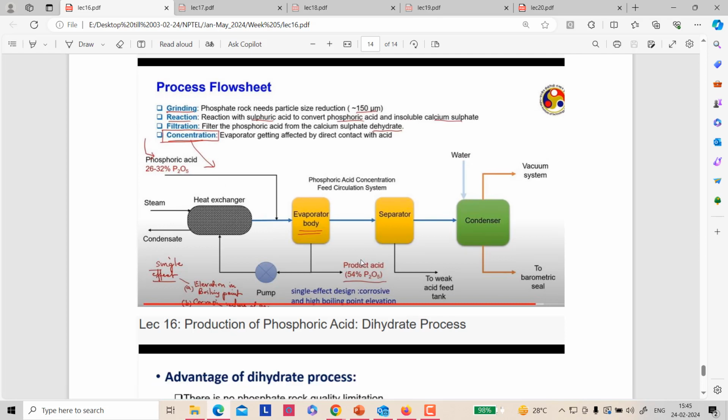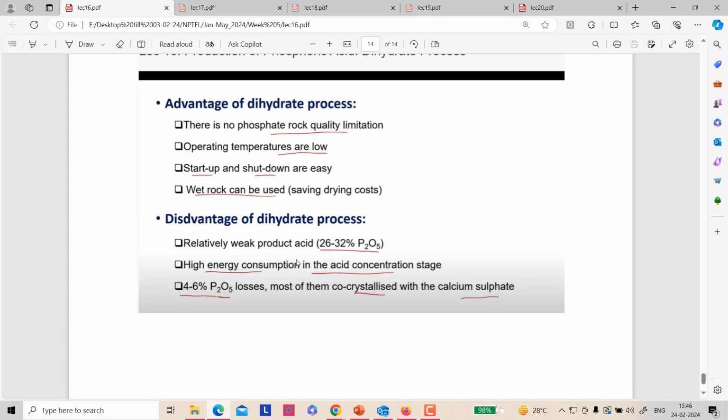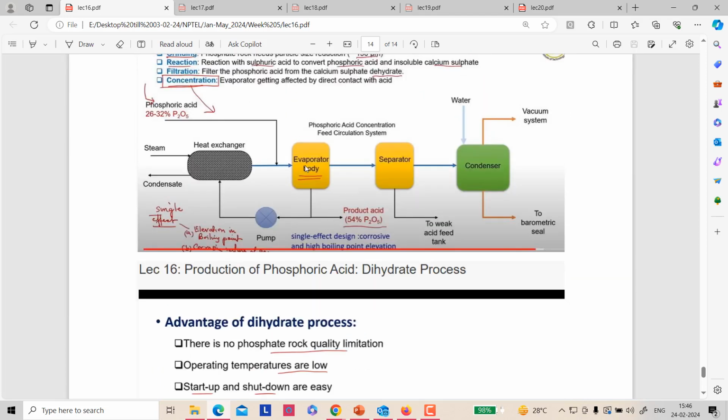So for the heat exchanger we need high energy because we are supplying steam. We have to continuously flow hot fluid. If suppose we are flowing water, we need to keep the water hot, so we need to give some energy from outside. That is why it is written here that energy consumption is high in the acid concentration stage.